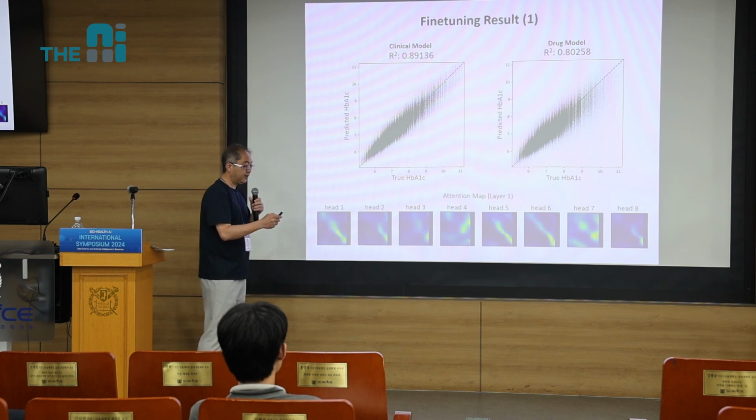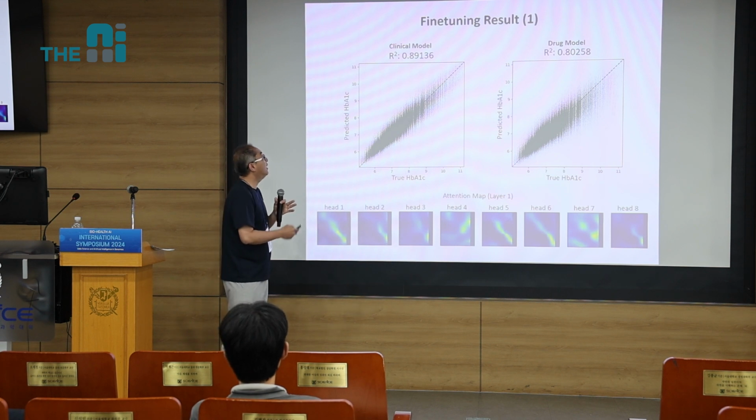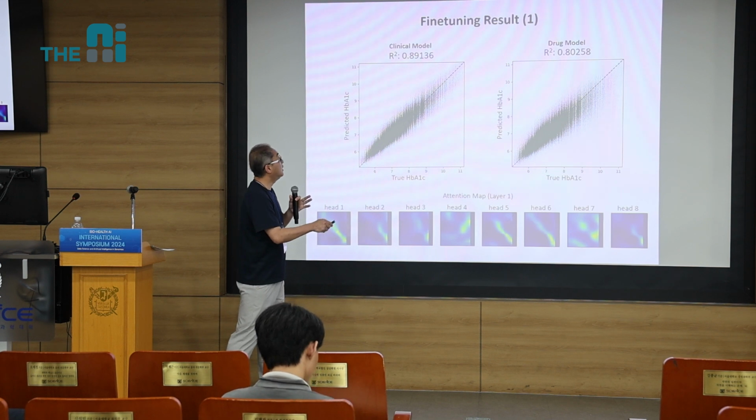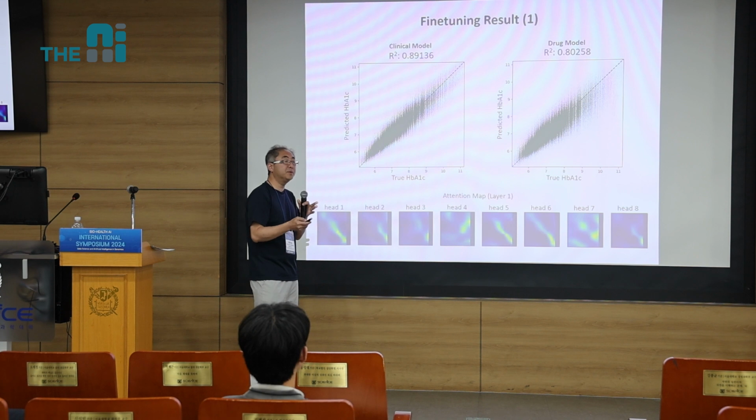If you look here, the model is okay at predicting HbA1c. If you use the clinical information only, the R-square value is 0.89. In the drug model, I'm not using the clinical data, only the types of drugs administered at the time.